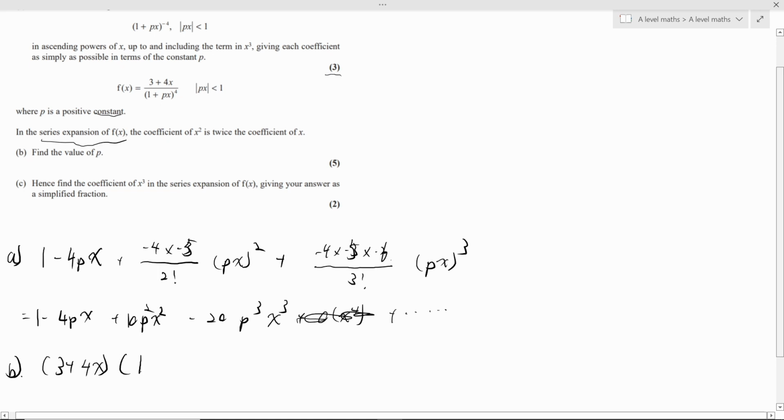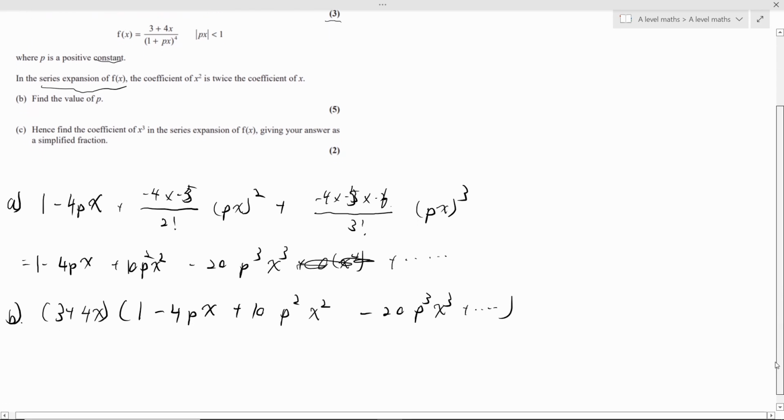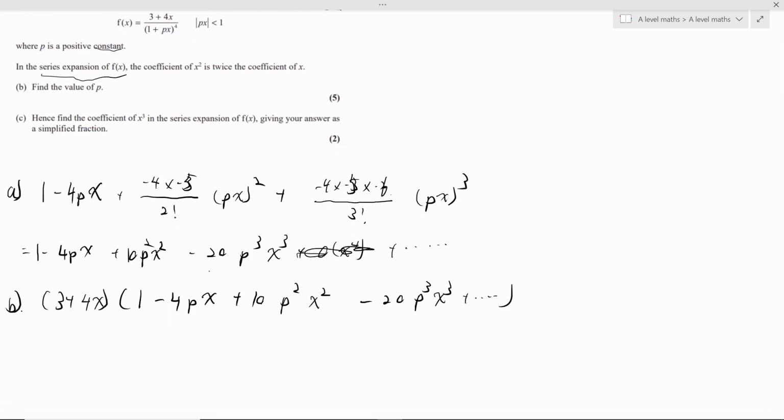So let's begin. 3 plus 4x, and we can rewrite (1 + px) to the power of minus 4 as 1 minus 4px plus 10p squared x squared minus 20p cubed x cubed plus some higher order terms. It involves statements about the coefficient of x squared and the coefficient of x. What is the coefficient of x?